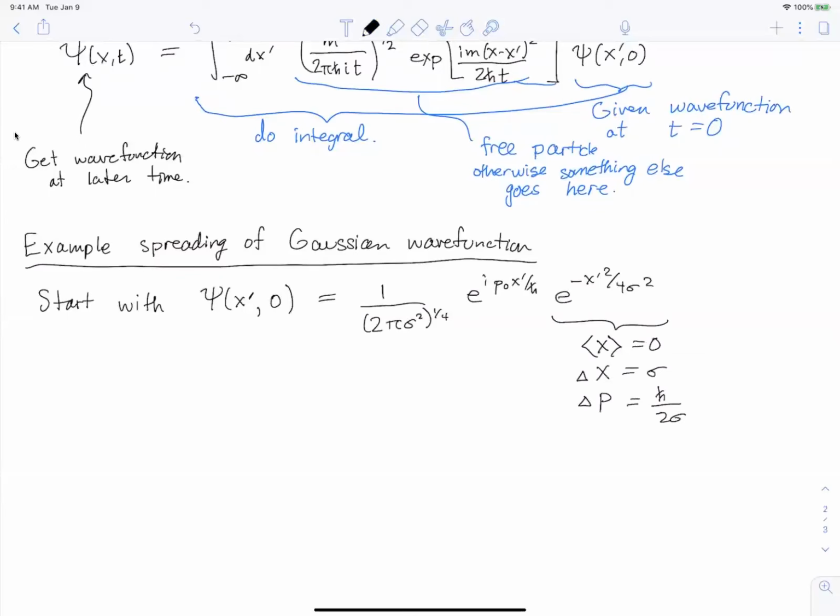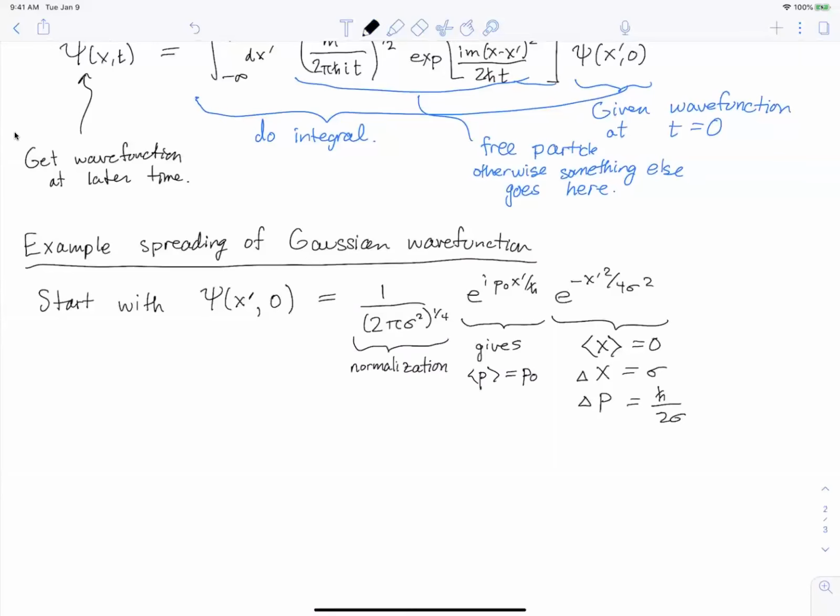That's what that part of it does for you. This part of it just shifts you in momentum and says, even though the uncertainty in momentum is the same, the expectation value, instead of being 0, because of that factor, is p0, as you worked out for homework. And then this other part here is just the normalization factor to make sure this thing is normalized to 1.